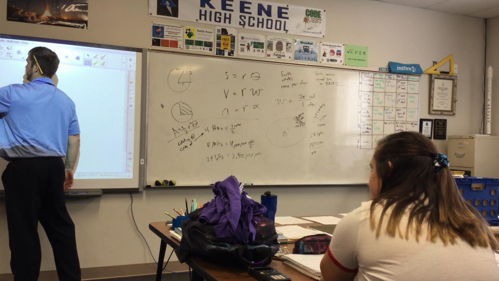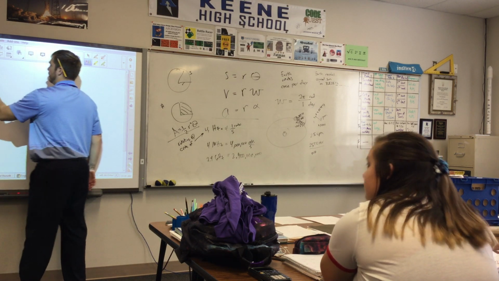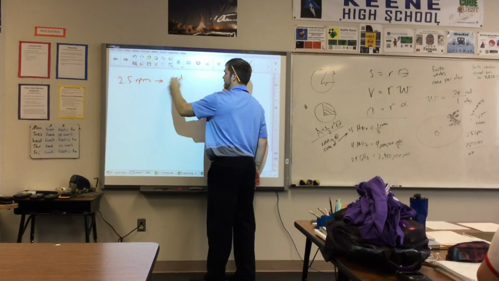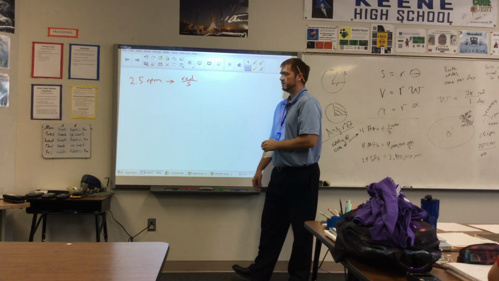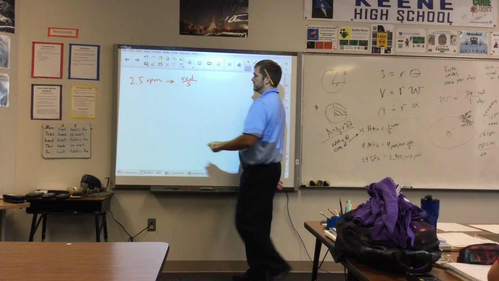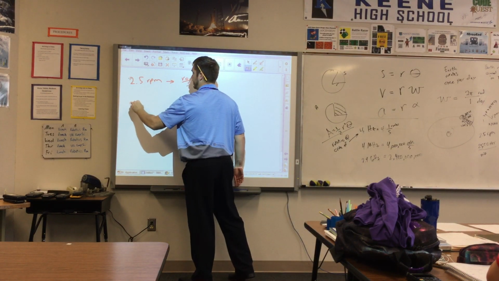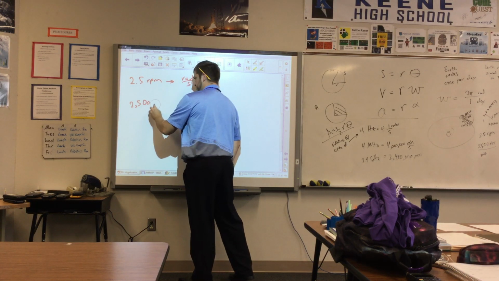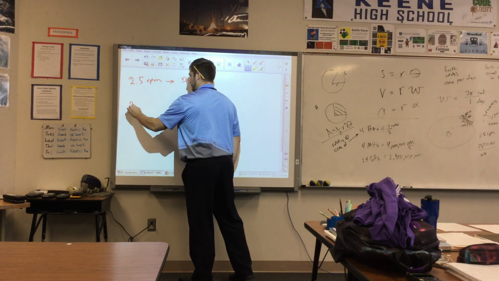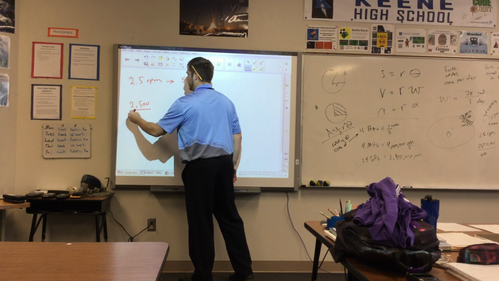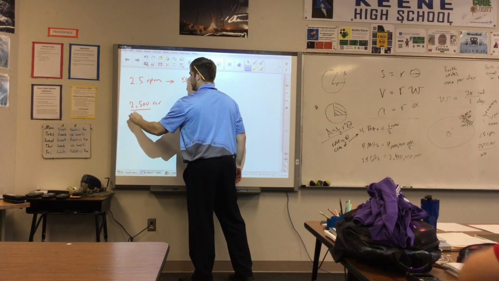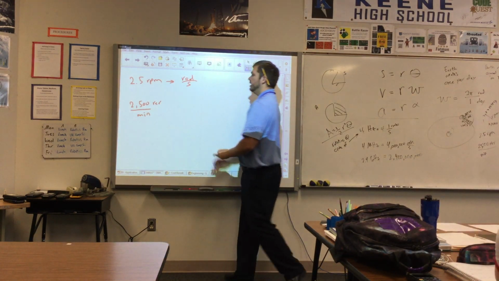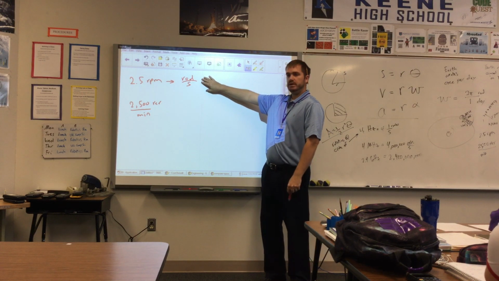So 2,500 RPM. What we're going to do is convert that into radians per second, since that's a very common unit that we want to turn this stuff into. I'll get rid of that dot, which is somewhat misleading. Revolutions per minute, and we're going to convert that into radians per second.